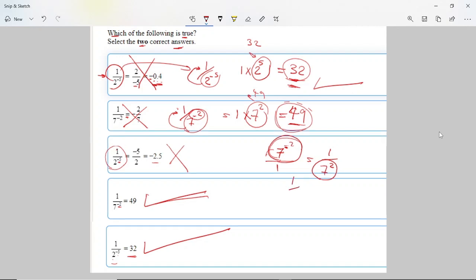For example, I have 1 over 7 to the power of negative 2. I have to move this one to positive, so I will flip the number to the opposite side, so it will be 7 to the power of 2.